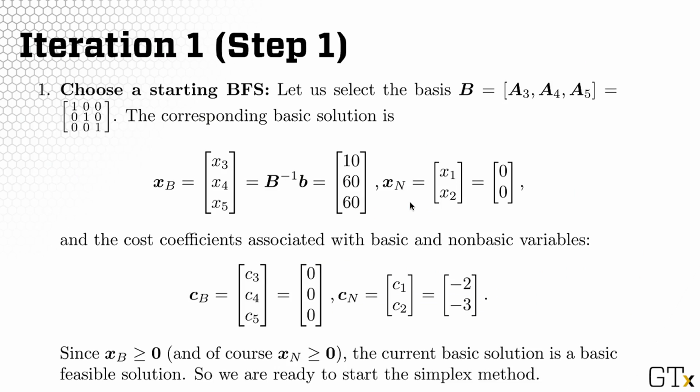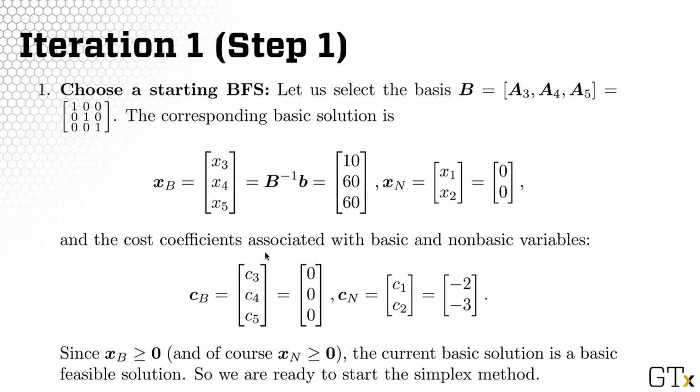Okay, let's start the first iteration. We have already chosen a starting basic feasible solution: just choose A3, A4, A5, which is the identity, and the right-hand side is non-negative. So I have found a basic feasible solution, 10, 60, 60, with x1, x2 being zeros.